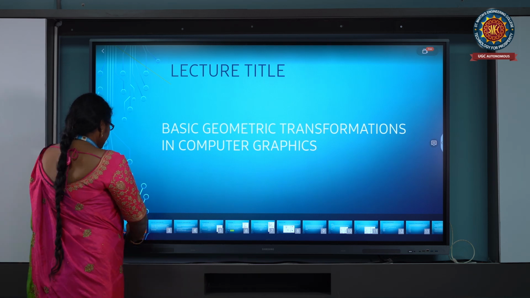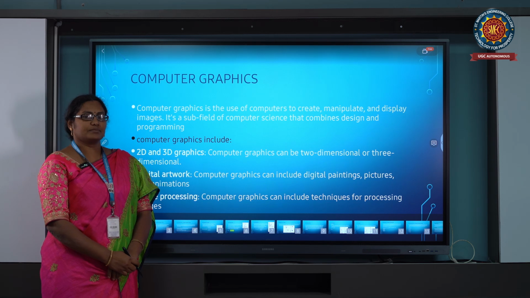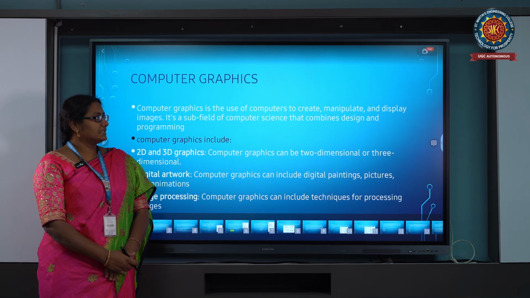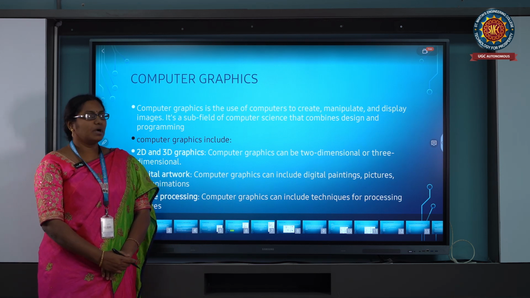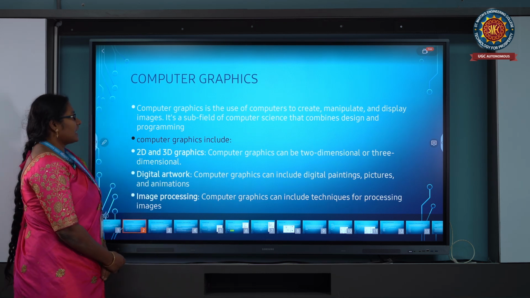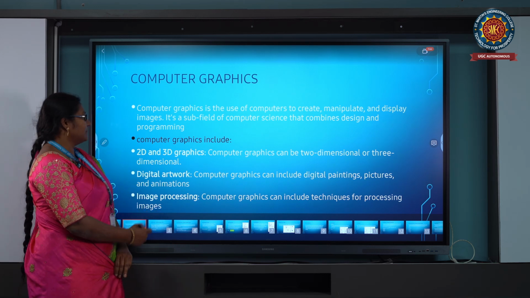So what is computer graphics? Computer graphics is an art of drawing the images. Now it is existing and rapidly growing in the computer field. It is a subpart of computer science. Computer graphics is the use of computers to create and manipulate display images.